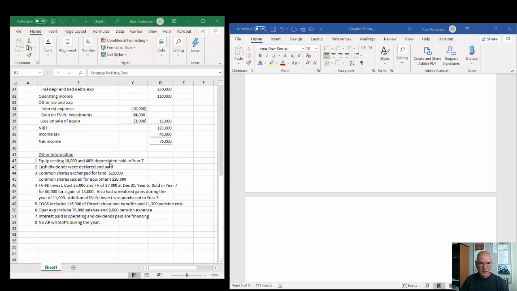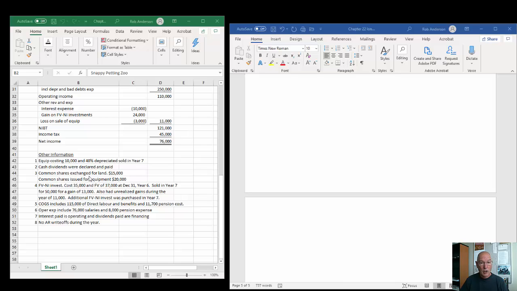So before we look at the solution, let's just have a look at some of this other information and some of the things we're going to have to look at and figure out to figure out this cash flow statement. So we sold equipment during the year. We paid cash dividends during the year.